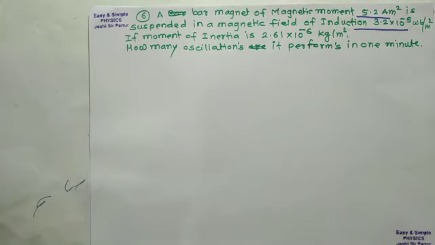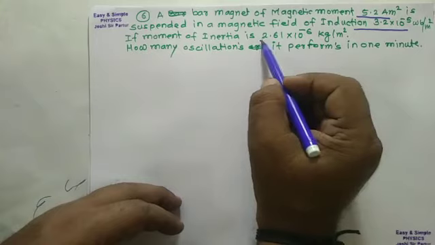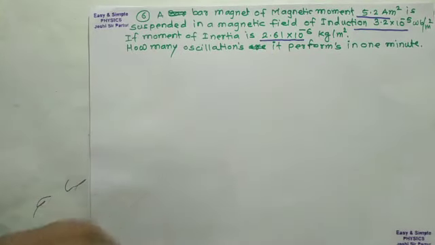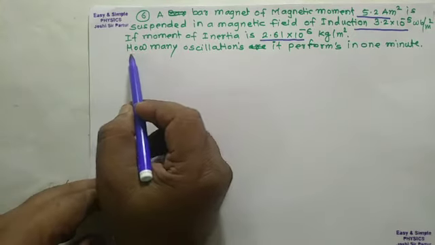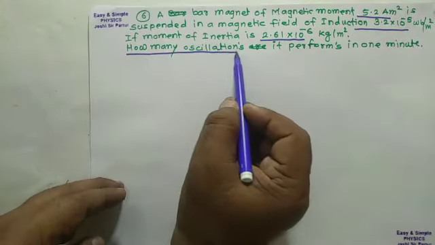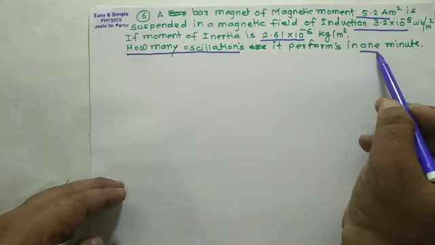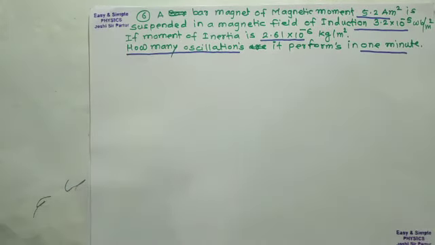If moment of inertia is 2.61 into 10 to the power minus 6 kg meter square, then how many oscillations does it perform in 1 minute? We can calculate the frequency.